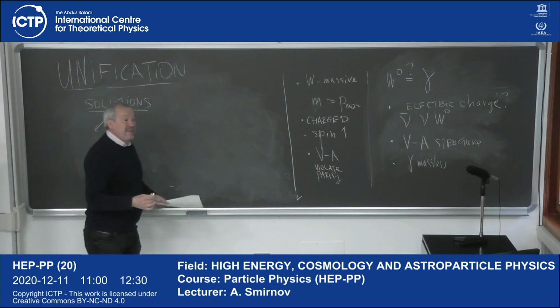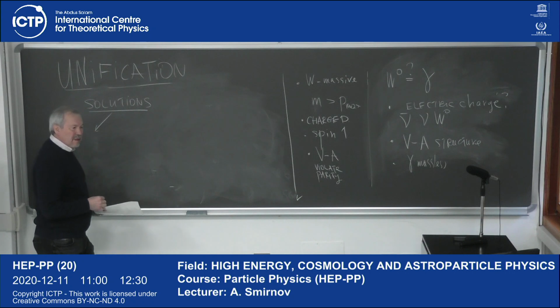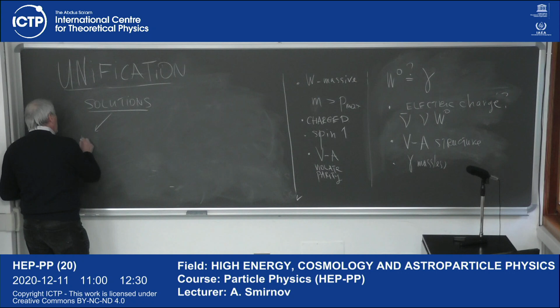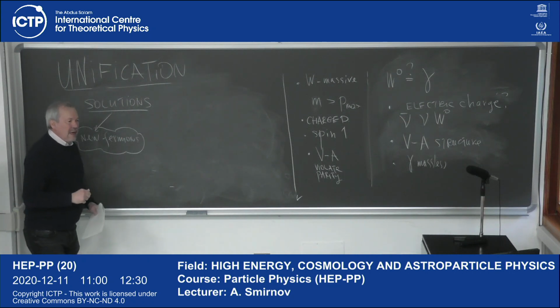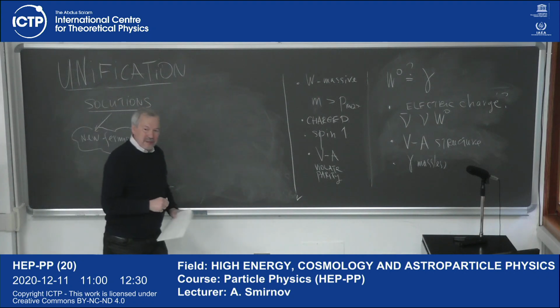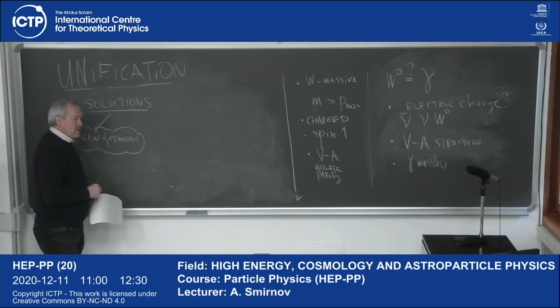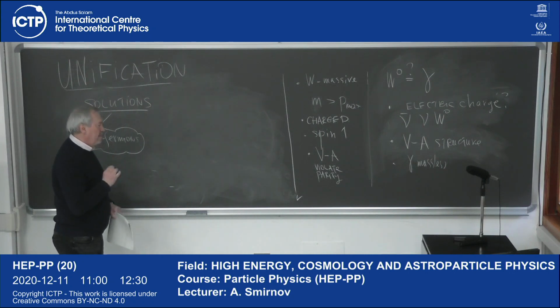You need to extend the theory. Not just use doublets and the triplet adjoint representation of SU2, but you need to either introduce new fermions and consider not doublets of fermions but triplets. That was a very nice model by Georgi and Glashow based on the triplets of fermions. So you need to introduce some new particles, new fermions.